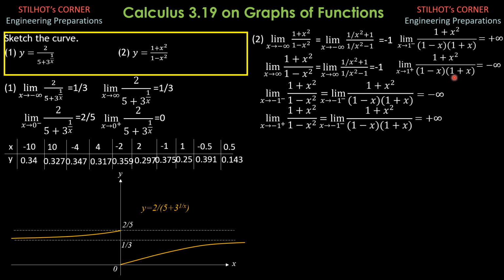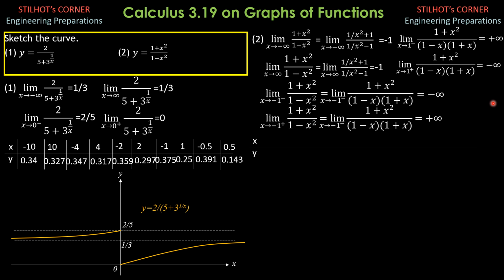Then this one is 2.01. So therefore almost 2 divided by almost 0 but negative is negative infinity.